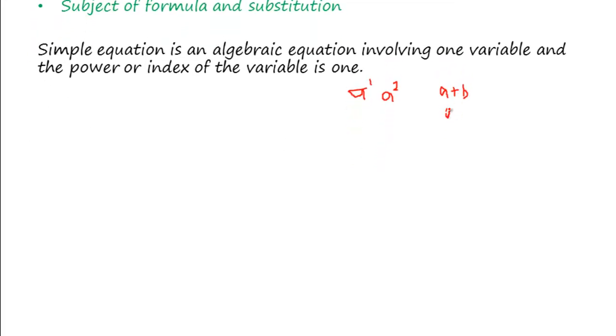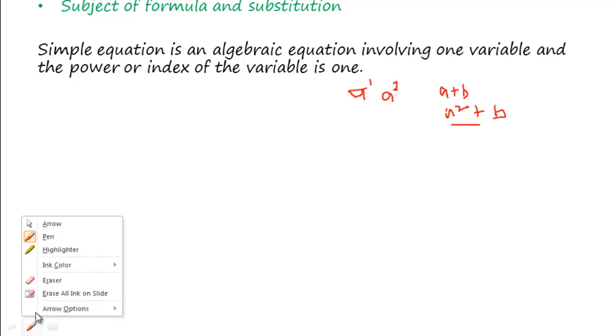But if you say a square plus b, this is a quadratic equation. The reason is that one of the letters is raised to power 2. Are you following? So that's what they are talking about.